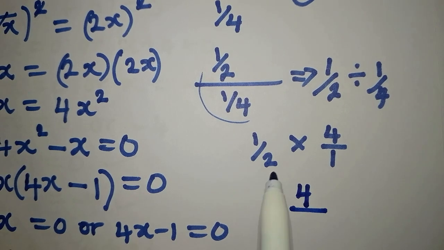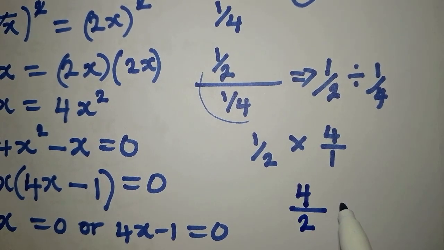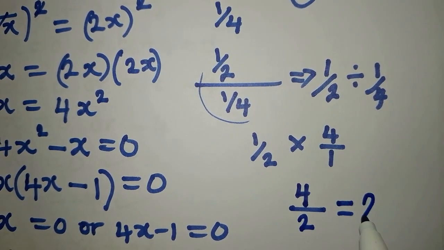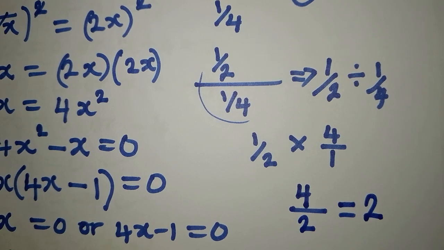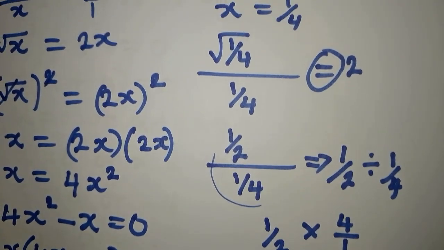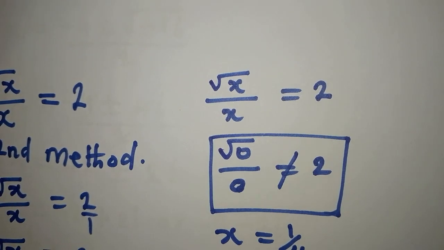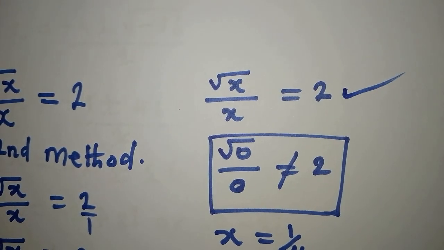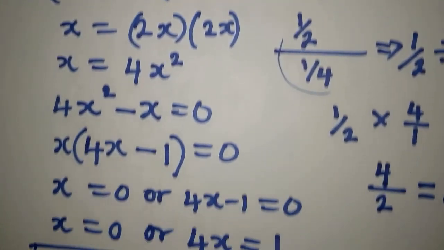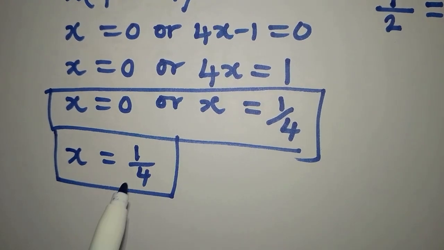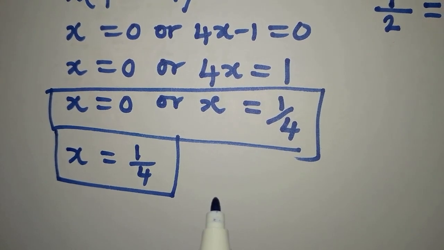And then 2 times 1 will give us 2. And 4 over 2 is 2. I remember that it is the same 2 that we had on the right hand side of the equation. Look at it over there. So we are saying that it is only x equals to 1 over 4 that satisfies the equation.